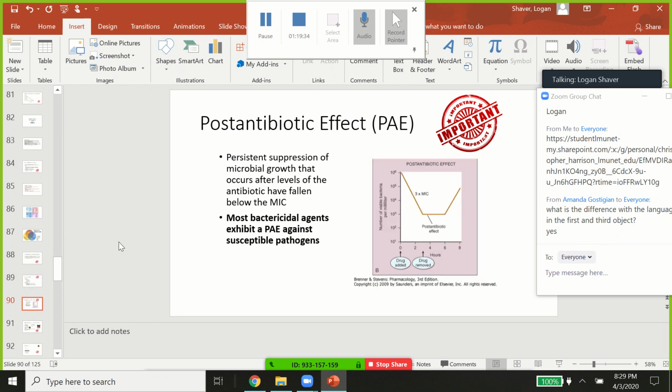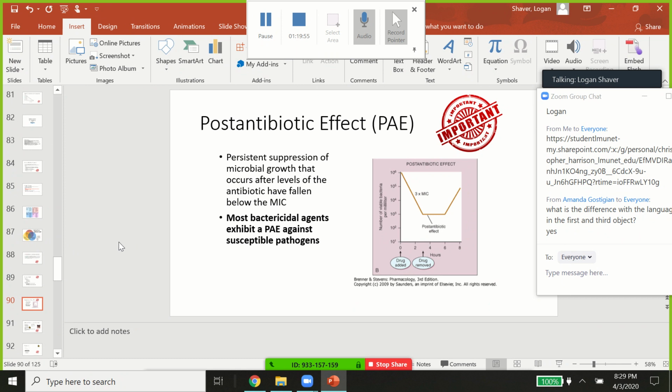And then she's got this concept known as post-antibiotic effect, so PAE. Basically, PAE is the persistent suppression of microbial growth that occurs after levels of the antibiotic have fallen below the MIC. Remember, that's the minimum inhibitory concentration.